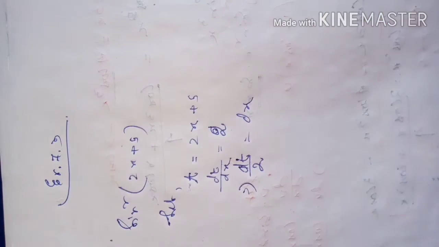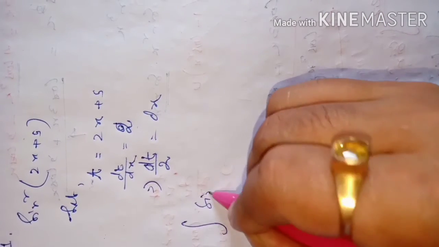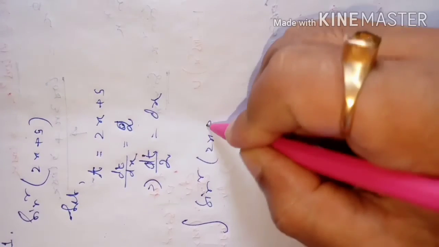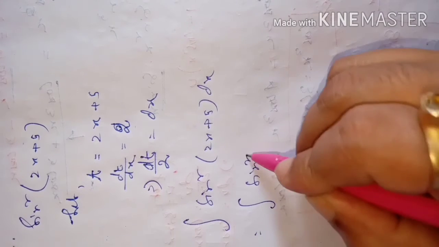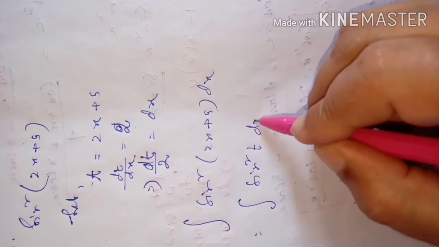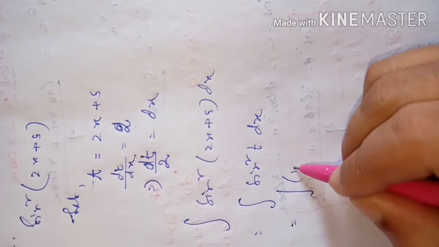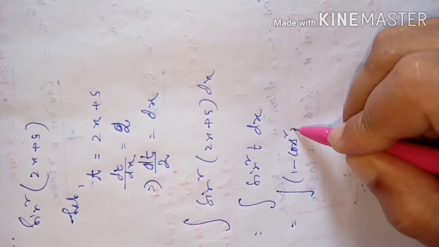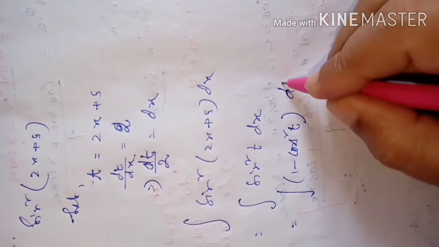Now just look at this. Our problem was integration of sine square twice x plus 5 dx. That we can write as sine square t dx. Now this sine square we can write as 1 minus cos square t, and dx we can write as dt by 2.